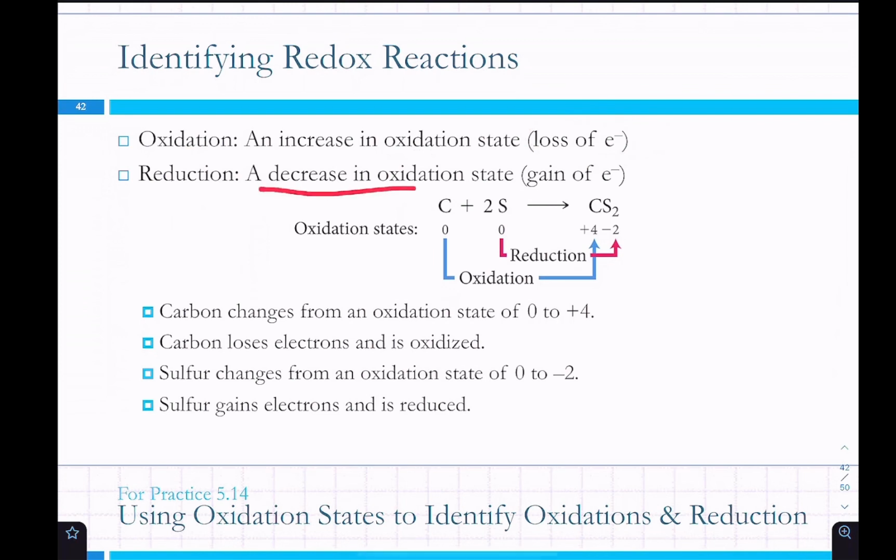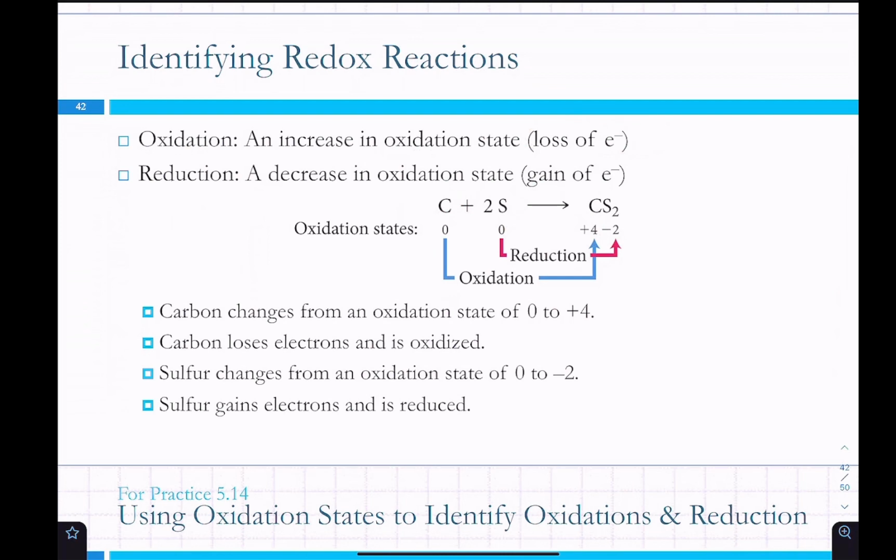Reduction is a decrease in oxidation state, but a gain of electrons. So in this reaction between carbon and sulfur, carbon is going from 0 to +4, and it's losing electrons to do that. So that's oxidation. The sulfur is gaining electrons because it becomes more negative, so it's being reduced.